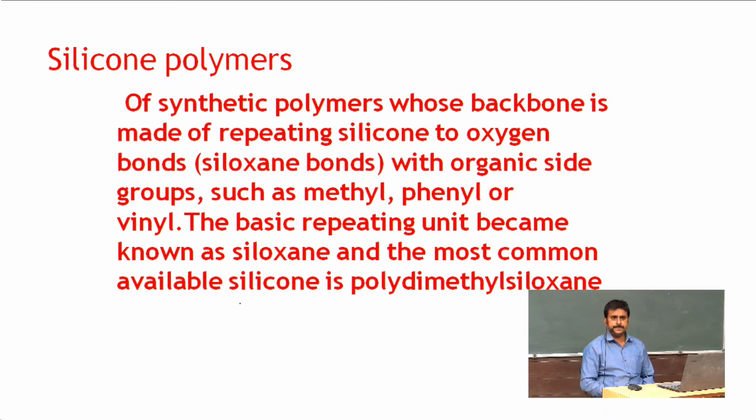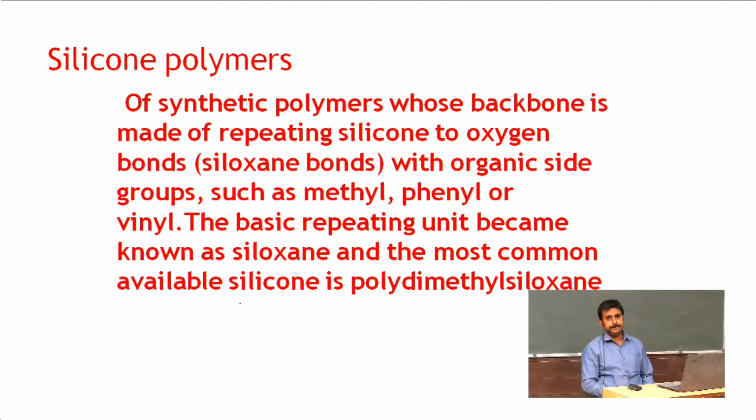Silicone polymers are synthetic polymers which have a backbone of repeating silicon to oxygen bond, Si-O bond, which is sometimes linked with organic groups such as methyl, phenyl, or vinyl.